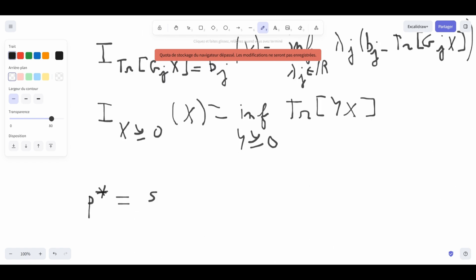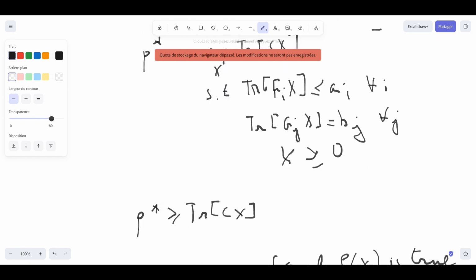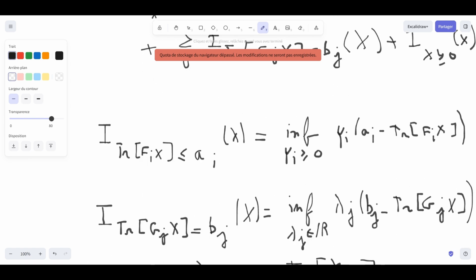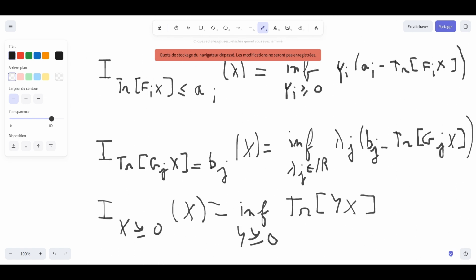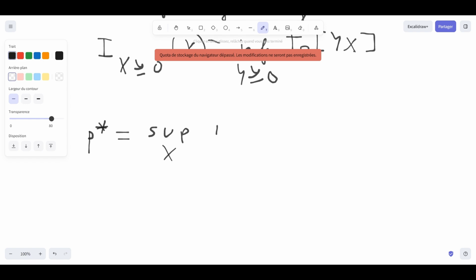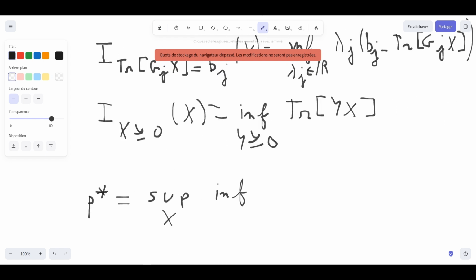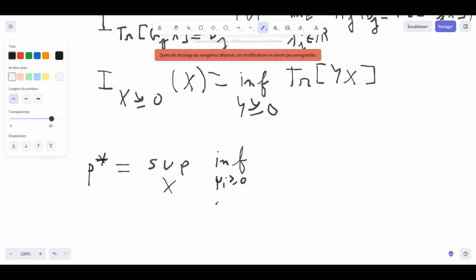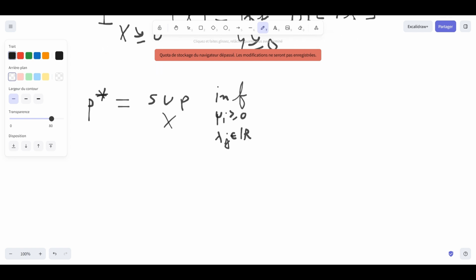So we have sup of x, because that's here, but now we have also inf of those three constraints: phi psi equals 0, lambda j being in R, and y being semi-positive definite.